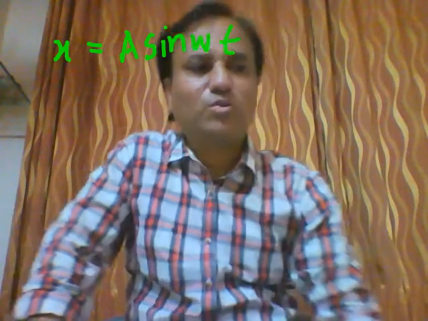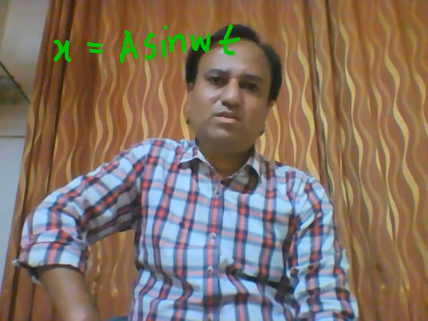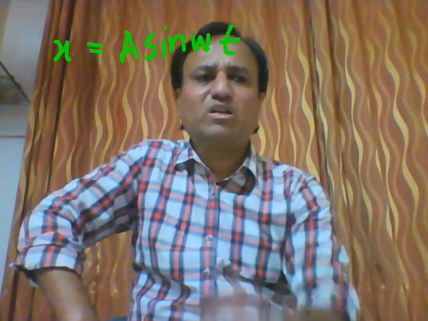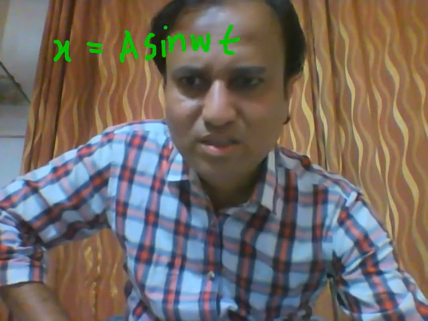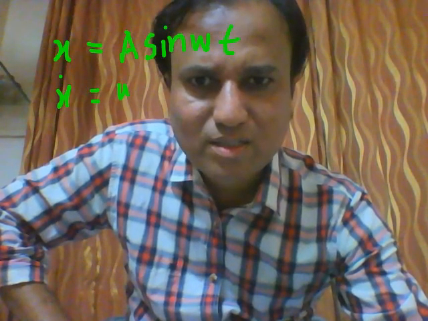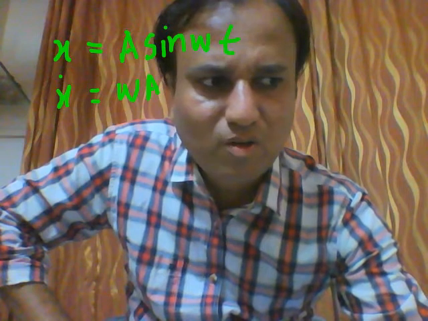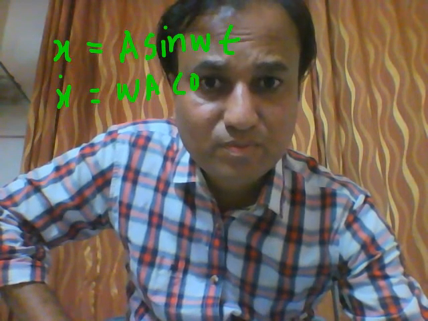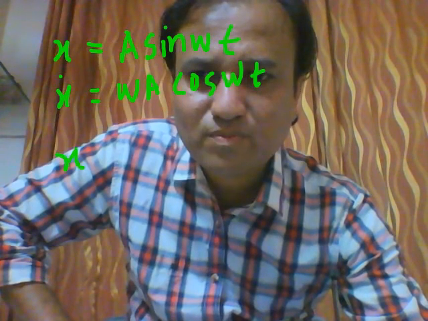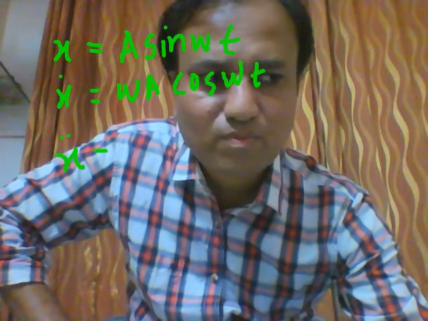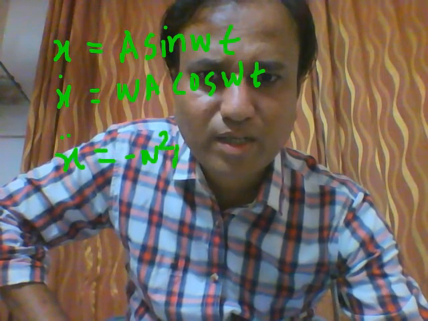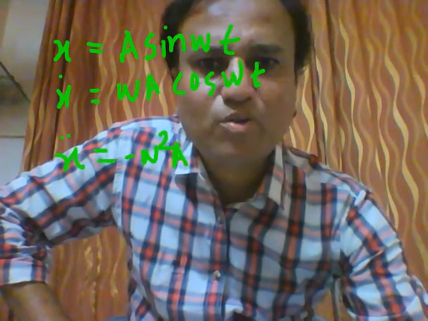Displacement is equal to a sin omega t. This displacement equation for SHM you are already familiar with. Now I will calculate x dot, that is a omega cos omega t. x double dot, that is acceleration, is minus omega square a sin omega t.